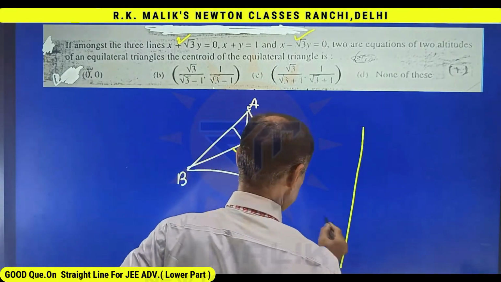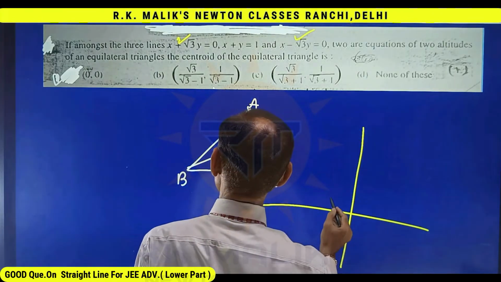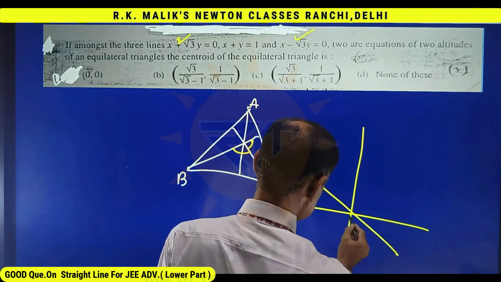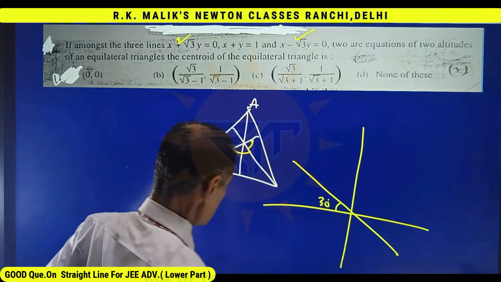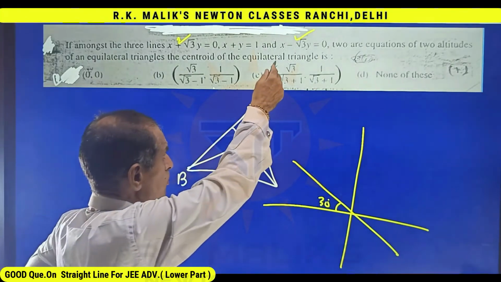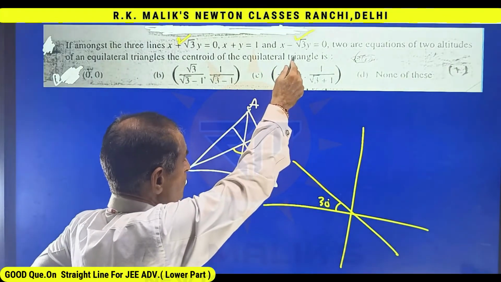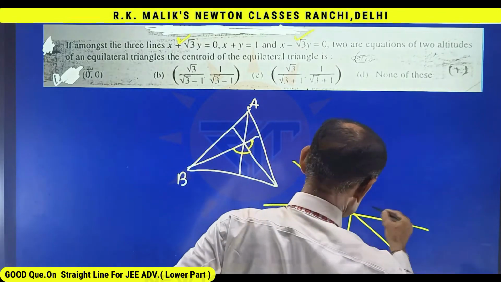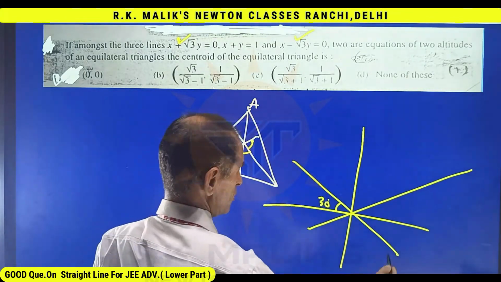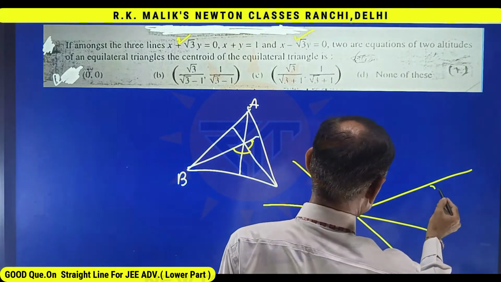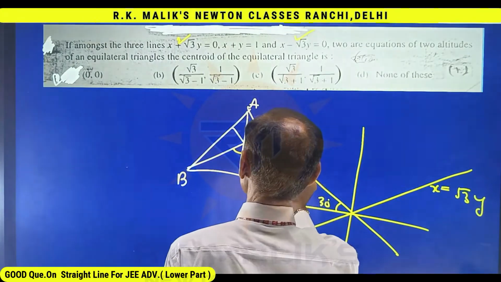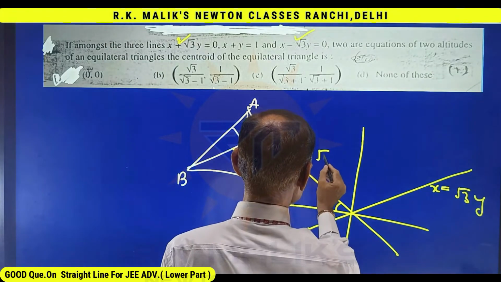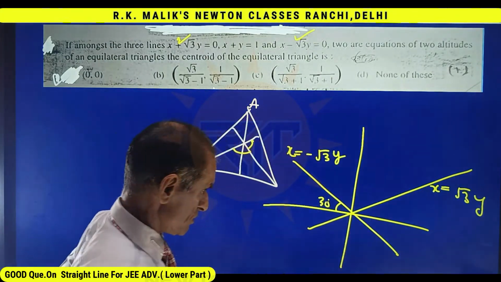Therefore, the diagram is sure to be of the type this, where this angle is 30 and slope of this is 1/√3 and passing through the origin means this line is of the form this, x equal to √3y and x equal to −√3y.